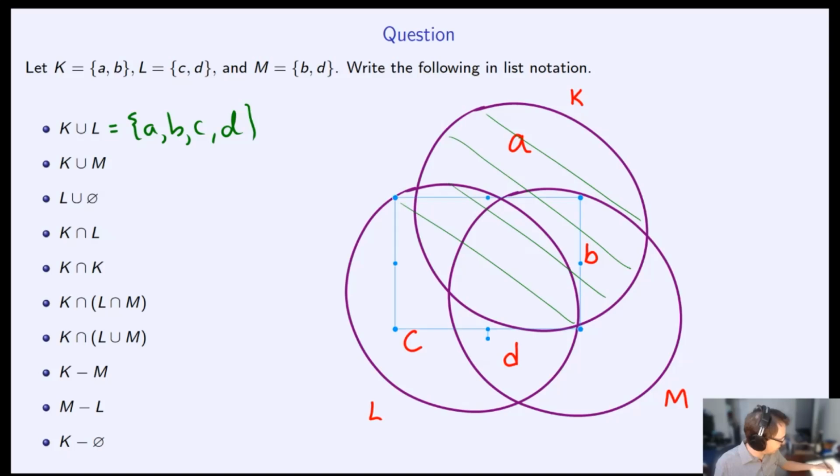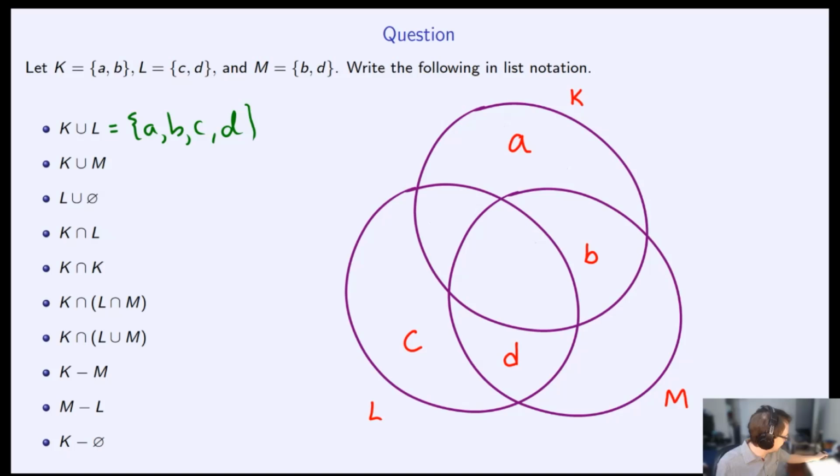I need to write out the set first, and then I need to draw the lines, otherwise it's going to be difficult to erase. Next, K union M, we could do the same thing, everything in K or everything in M. ABD, yeah, so we could write out everything in K, which is A and B, and then write out everything in M, which is B and D. And because we have two repeated elements, we could just remove one because repeated elements don't count, and we would get ABD.